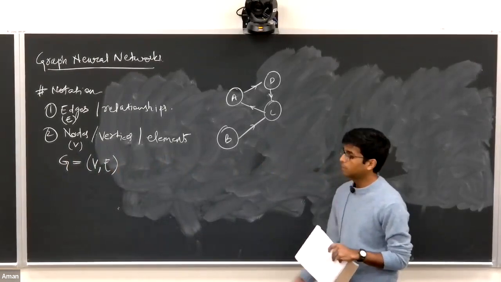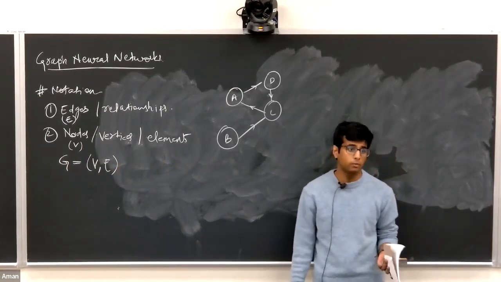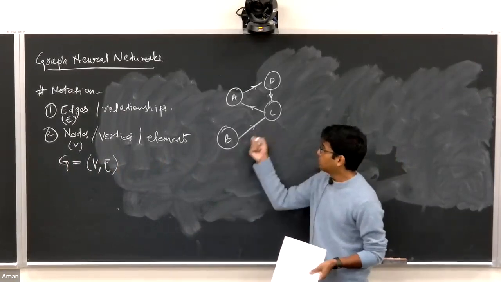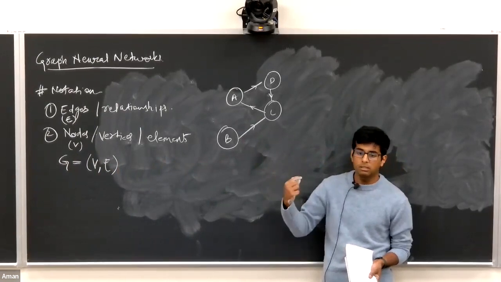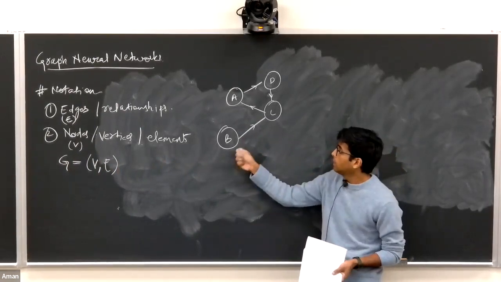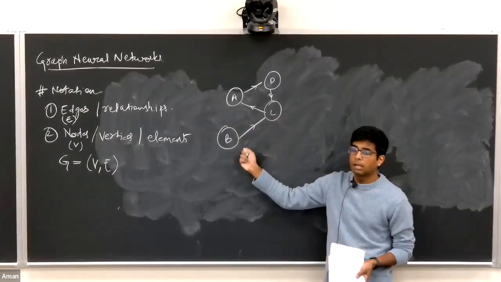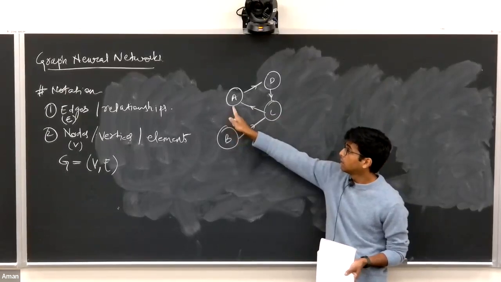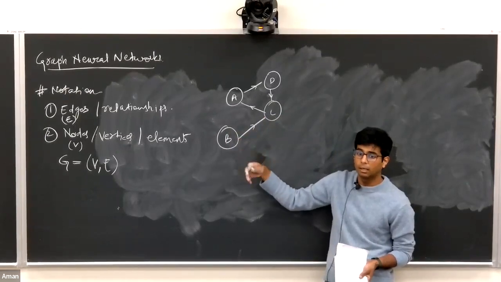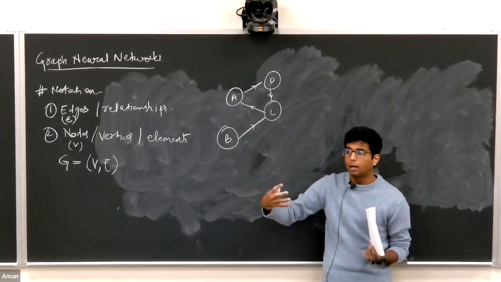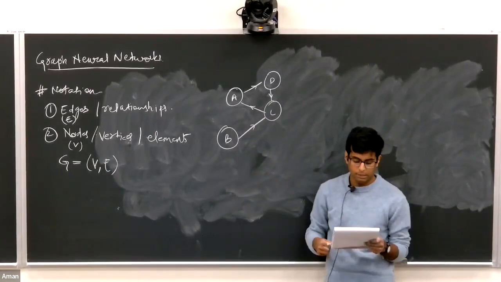A very natural example is social network data, where these edges represent your connections. For example, in a network like LinkedIn, each of these nodes can be different people, and these relationships can be the connections that they have. So if you are A, B would be your second degree connection. Any kind of data that is naturally arranged in a graph can be used here to do some analysis on it.